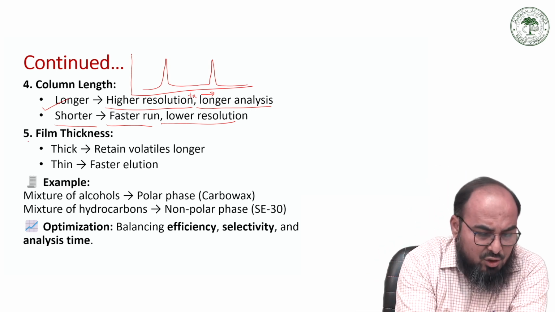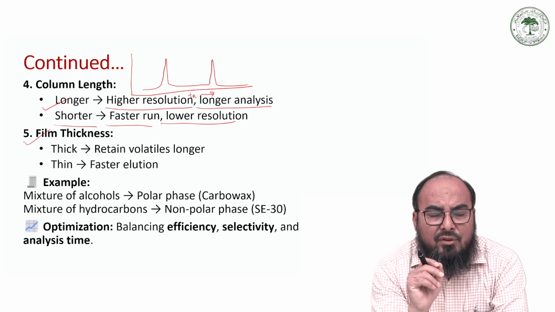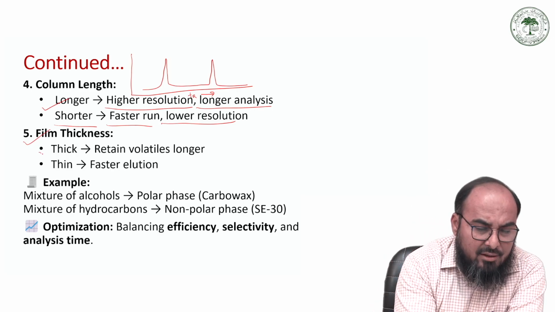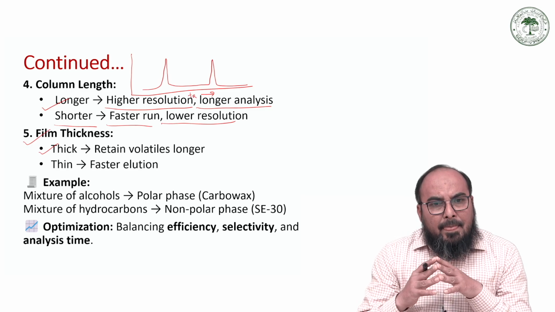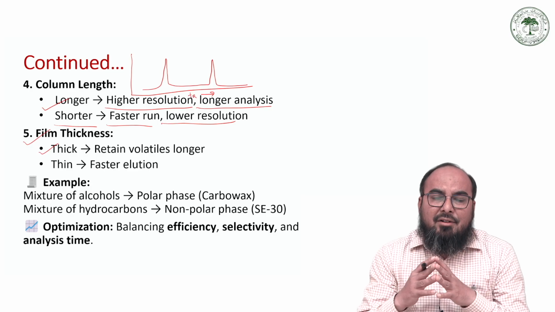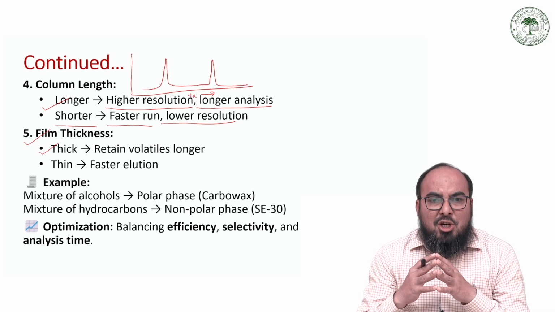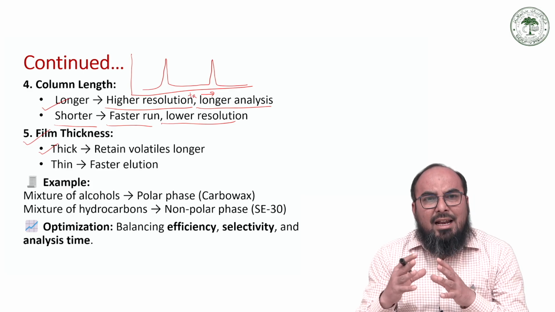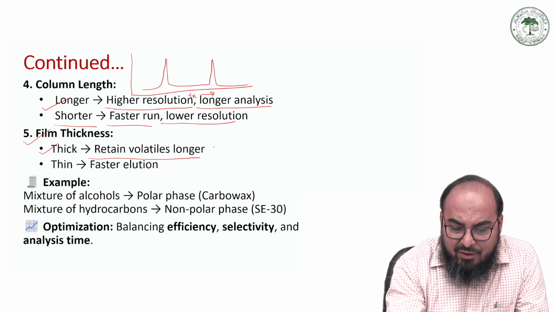Similarly, film thickness also comes into play. If the stationary phase thickness is too high, that is, greater than 5 micrometer, then there is going to be strong interaction of your solutes with the stationary phase. That is, your volatile components are going to stay longer. That is, they have high TR.